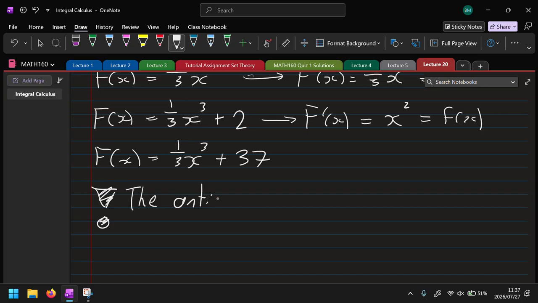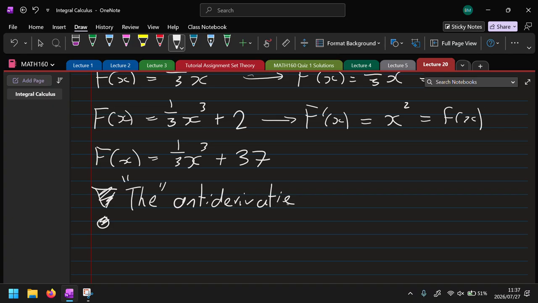So, very important. I'll put "the" in quotes, because it's not the antiderivative, because there's more than one.